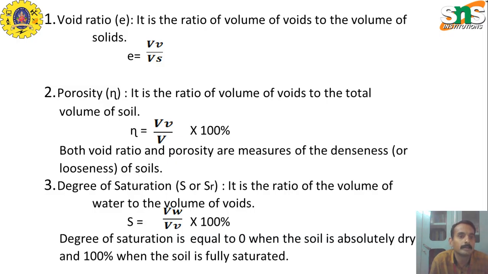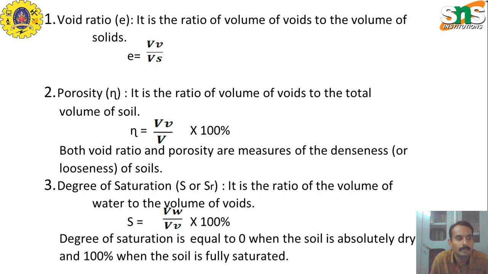So we can list out all the volumetric ratios in the form of definition. Void ratio, it is the ratio of volume of voids to the volume of solids. As we already know, porosity is the ratio of volume of voids to the total volume of soil.